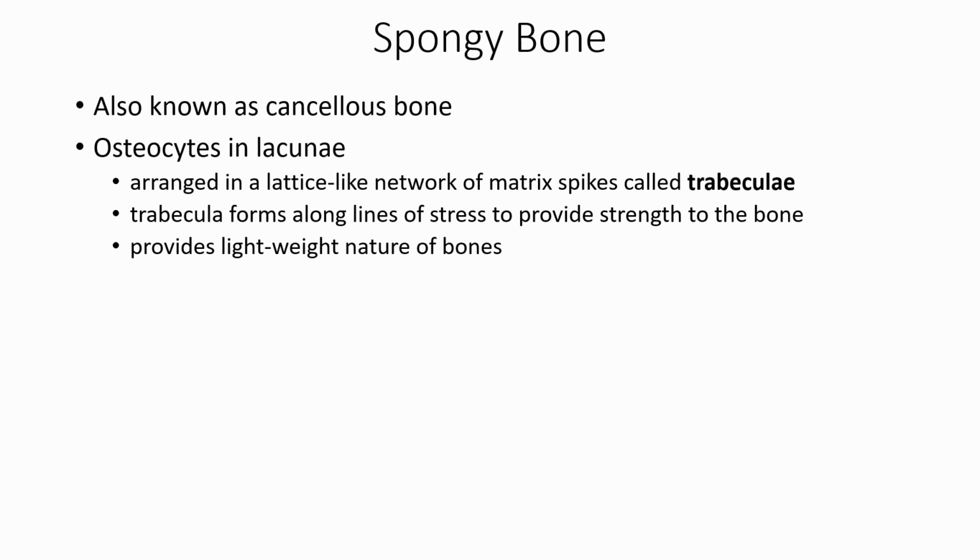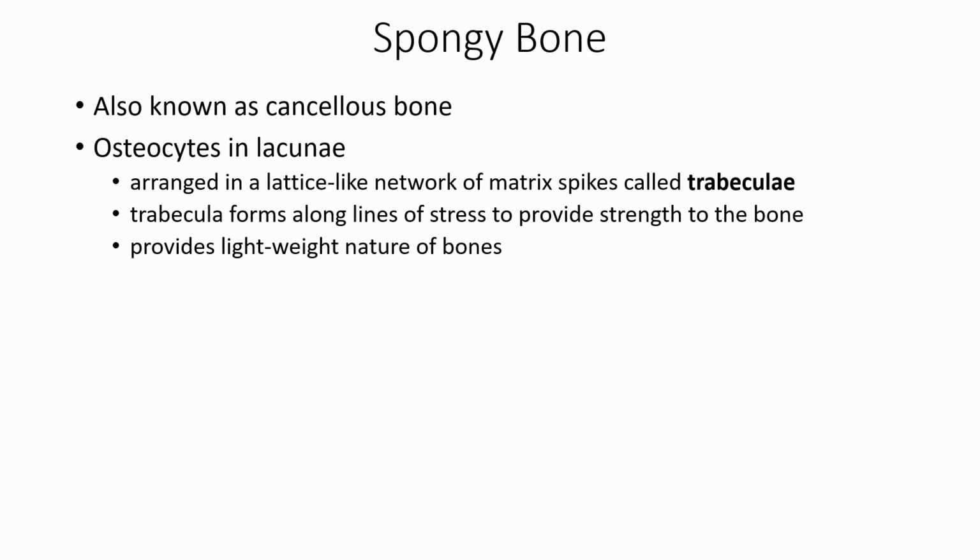The other one we haven't really talked about though is spongy bone, also known as cancellous bone. Those osteocytes are still found in lacunae because they're still a supportive connective tissue. But rather than have this concentric ring appearance, we're going to have a net-like, lattice-like network of little spikes called trabeculae.